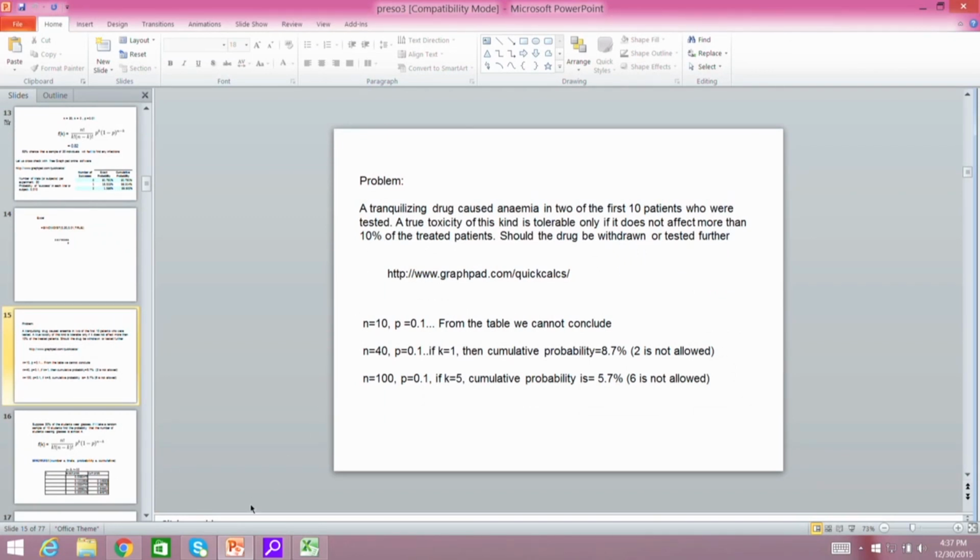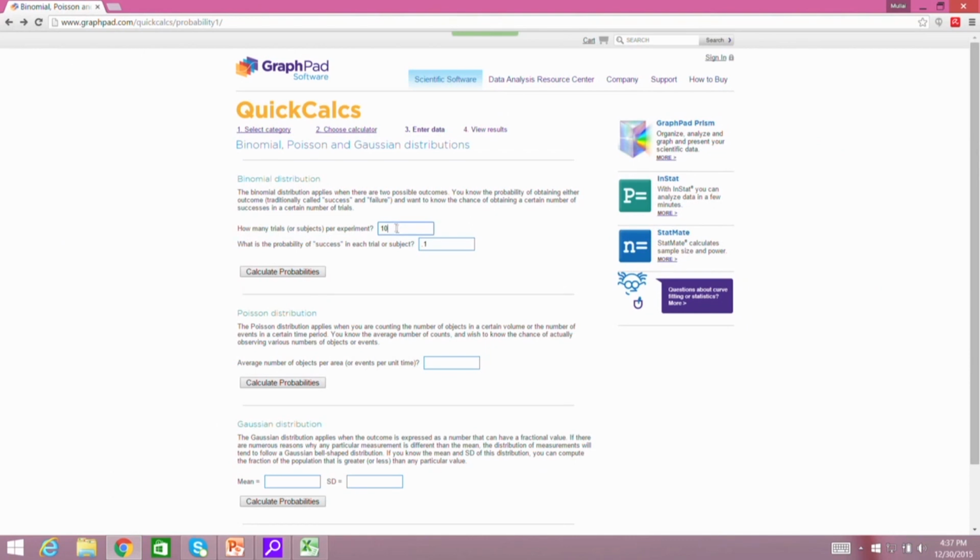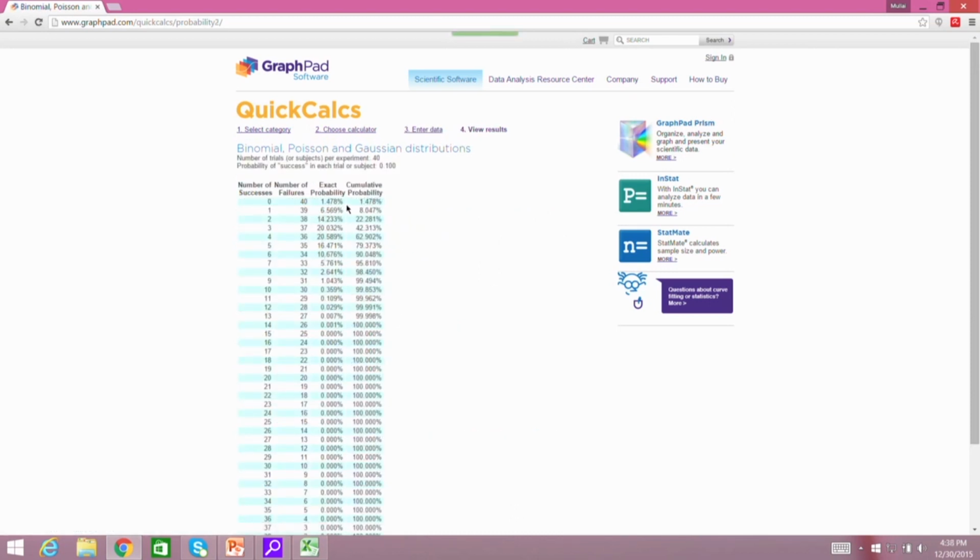Okay. Whereas if I take a larger population, for example if I take n equal to 40 for testing and I keep the same 10%, when I calculate the probability, as you can see here, if I go to 2 successes, it is still 14% probability, and the cumulative is again coming to 22%.